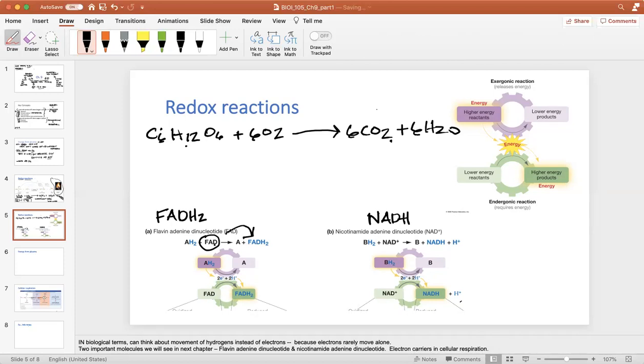Let's follow the hydrogens. We gained hydrogens here, didn't we? So these hydrogens that have been gained carry electrons with them, don't they? These are high energy electron carriers. Undergoing this set of reactions also takes this NAD molecule and sticks some hydrogens on it. The hydrogens have electrons with them. So this NADH molecule is a high energy electron carrier.